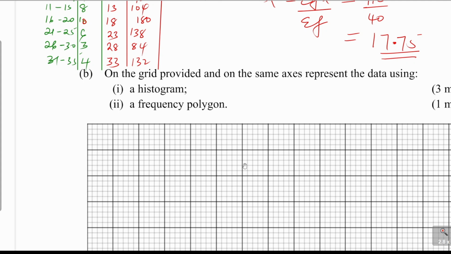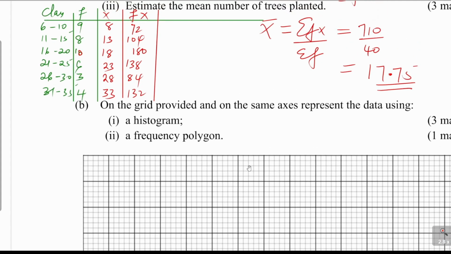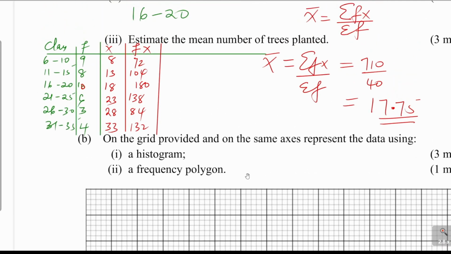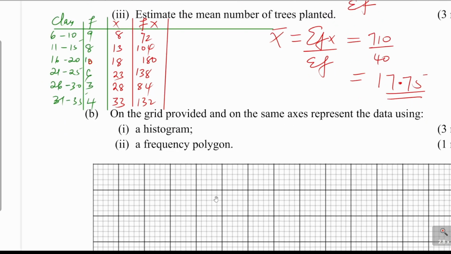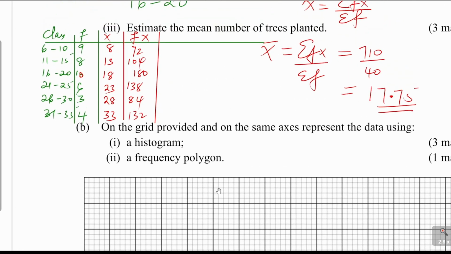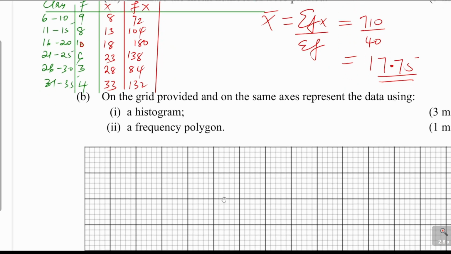On the y-axis, you should have the frequency. Then on the x-axis, have the boundaries of these classes. Looking at these frequencies, I can use a scale of 1 centimeter represents 2. That one is going to work.